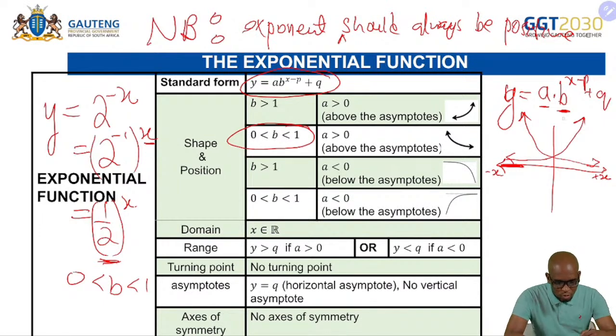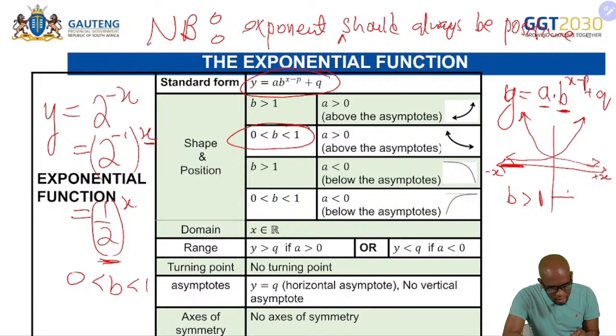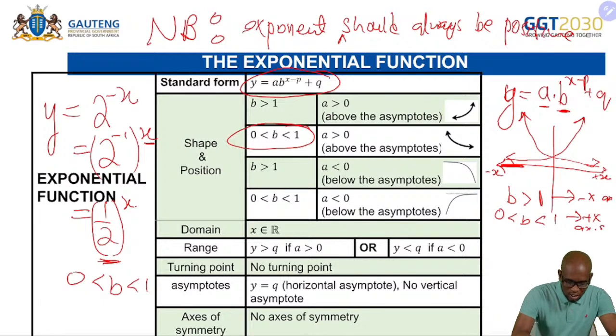If b is greater than 1, then you start on the negative x-axis. But if b is a fraction, then you're going to start on the positive x-axis. That is basically what the value of b tells you.